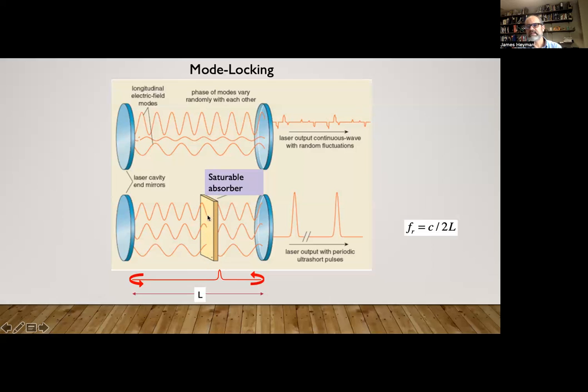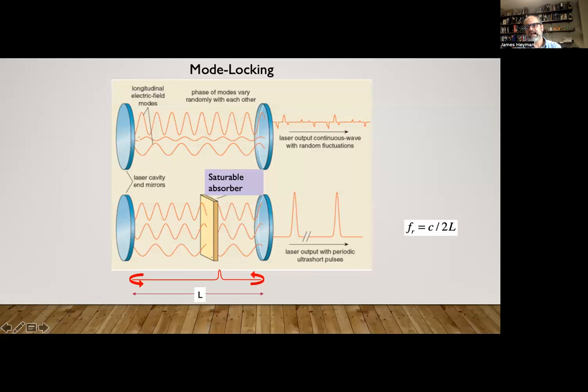It's a little bit more intense, so it's getting closer to the region where the saturable absorber is transparent. And so that little pulse will go through, pass through the amplifier, pass through the saturable absorber and not be attenuated much, reflected back, and do this again.